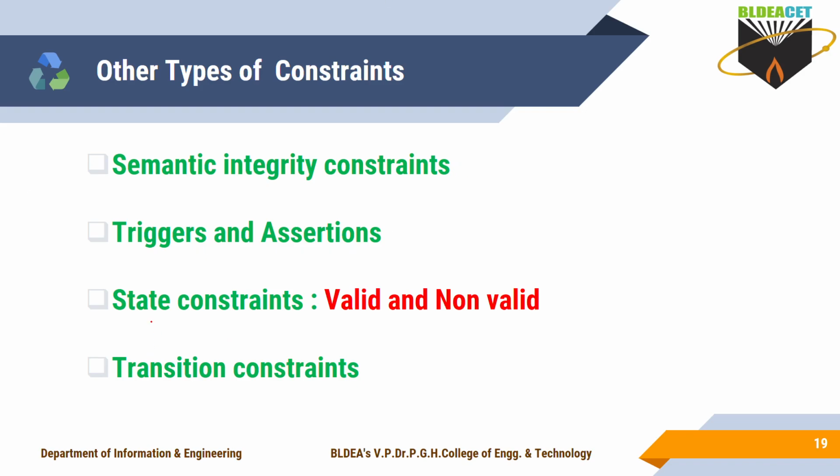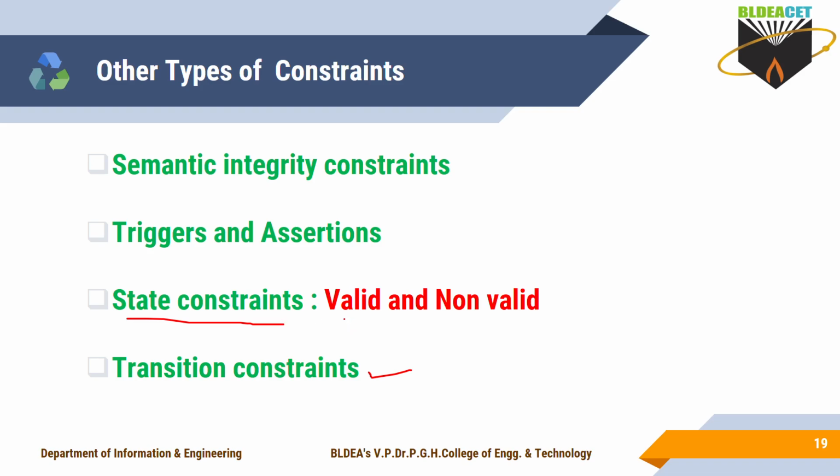Next, the application-oriented conditions or constraints you specify, those we call transition constraints, and the remaining constraints we call state constraints. State constraints are implicit and explicit constraints, and the constraints you specify based on the application's business rules are transition constraints.